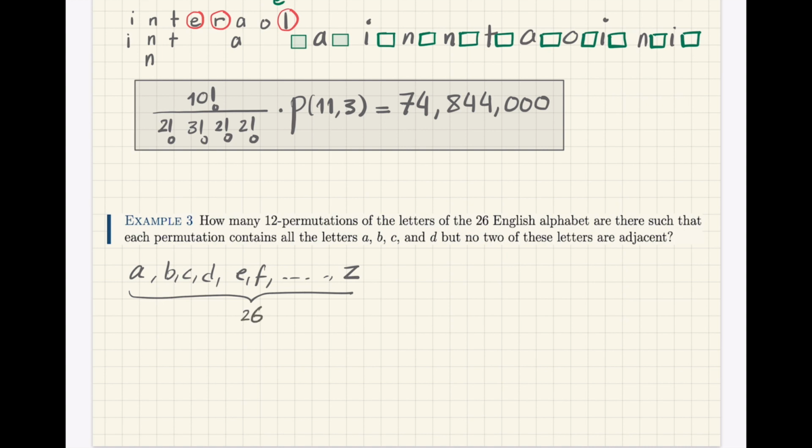And now I want to have 12 permutations, so it means that I have to choose 12 letters, but I do not have freedom for 4 of them. 4 of them should be A, B, C, and D. Yes? Okay, so it's clear that I made a mistake.